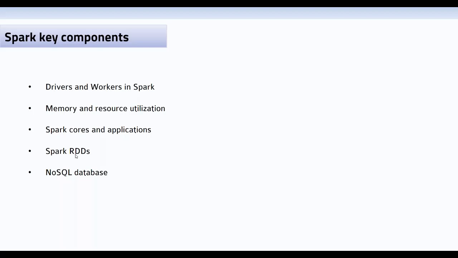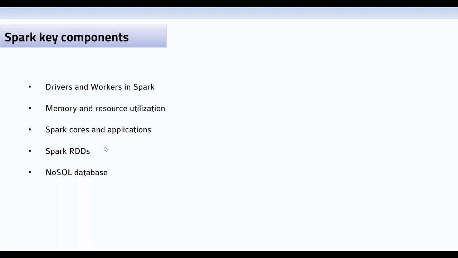RDD stands for resilient distributed data set, which means it is highly resilient, that is, it is highly fault tolerant because of high levels of data consistency. It stores data in a distributed format, hence the word distributed, and of course data set because we're dealing with large volumes of data here.